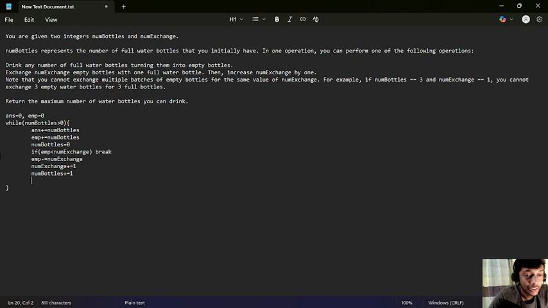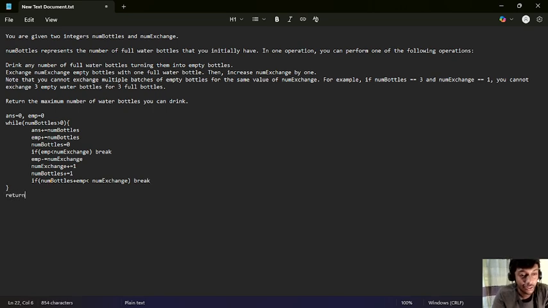We have to do this until the number of bottles is greater than 0. But there's a catch. If the number of bottles plus empty bottles is less than num exchange, then what do we do? Then break again, because the process cannot continue and we cannot perform further operations.